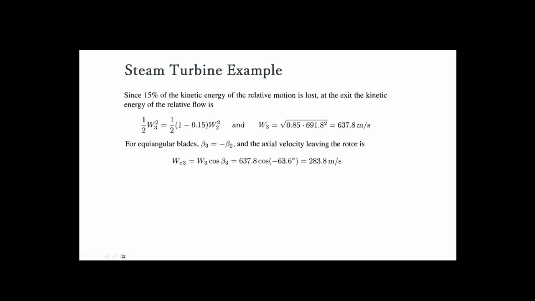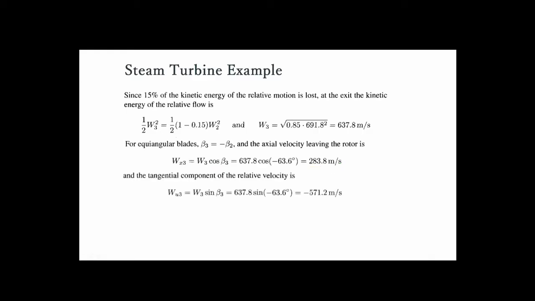The axial velocity leaving the rotor we can calculate using Wx3 equals W3 cosine beta 3. We will get Wx3 equal to 283.8 meters per second.